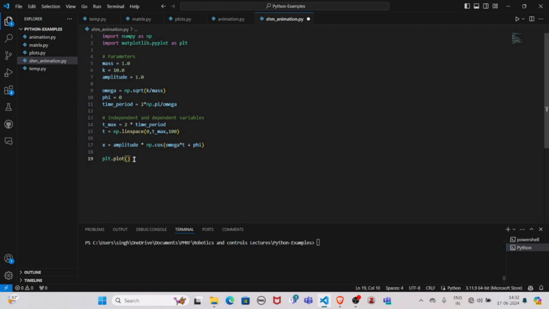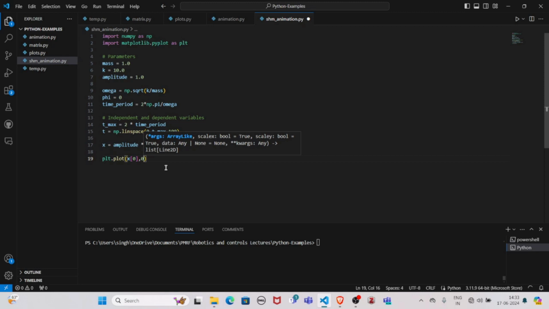So what I'm saying is, in the first frame, the mass will be at x0 and y coordinate 0. I'm not using time here because time will be shown in terms of animation, right?